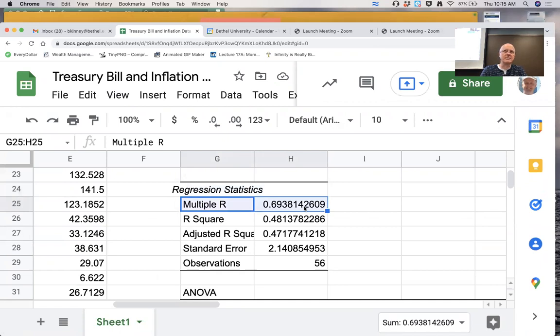Why are they calling it multiple R? Because as we'll see in chapter 12, when you do multiple regression, it's not the same as the correlation. The correlation is always going to be for us between two variables. But with multiple regression, there will be an analog of the correlation relating the one response variable to many explanatory variables.